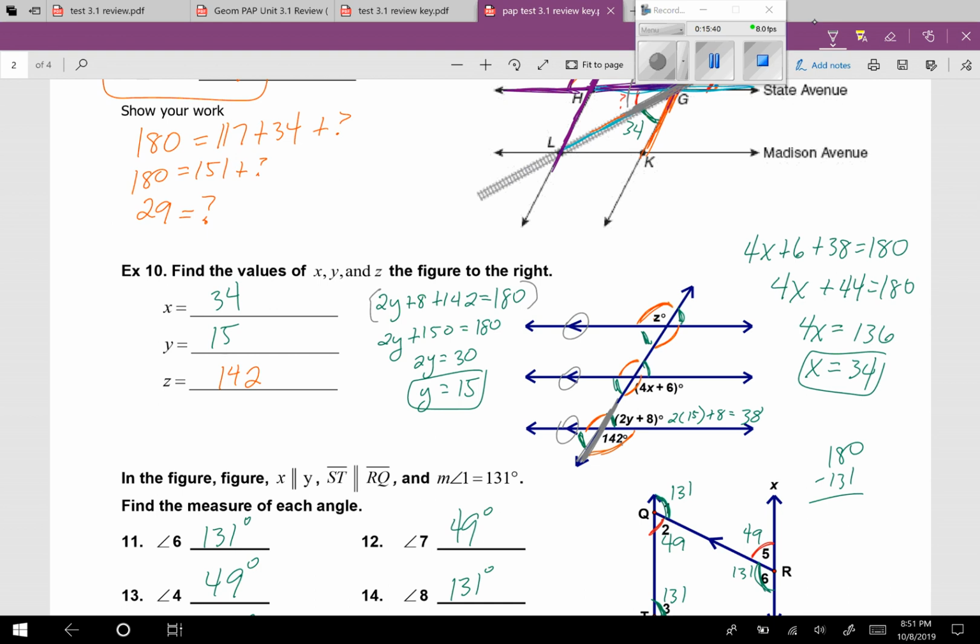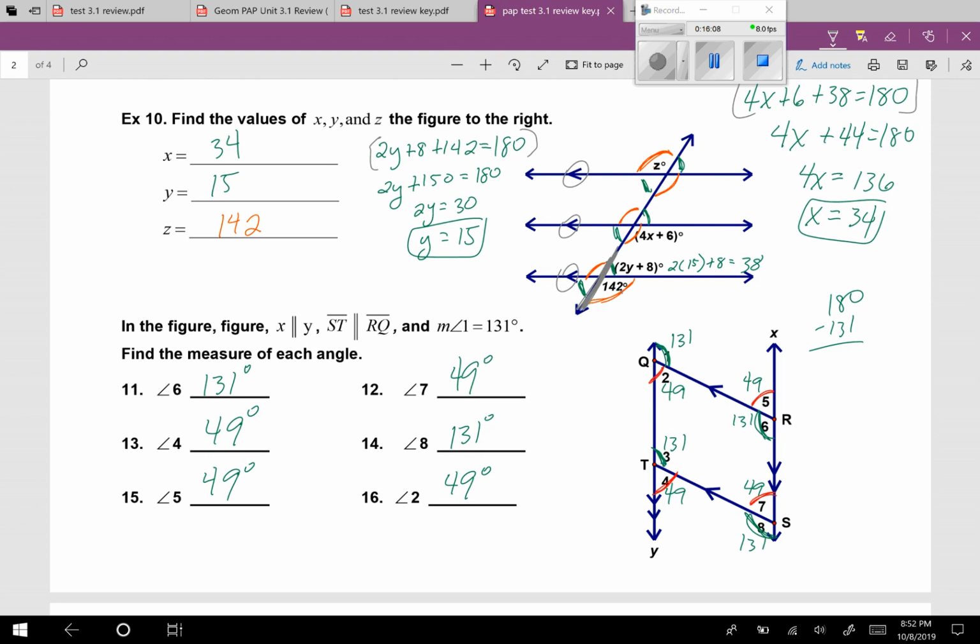So I did 2 times 15 plus 8, which gives me 38. And so now I know this 4x plus 6 and this 38 down here, those two have to add to 180. And so that's where I got this equation here. So 4x plus 6 plus 38 equals 180. And when you solve it, you get x equals 34.